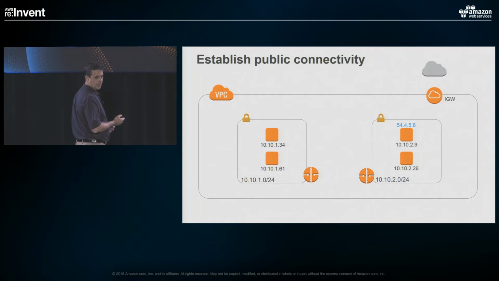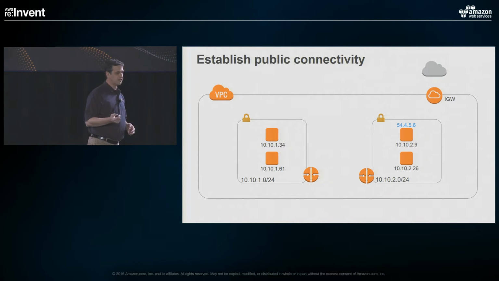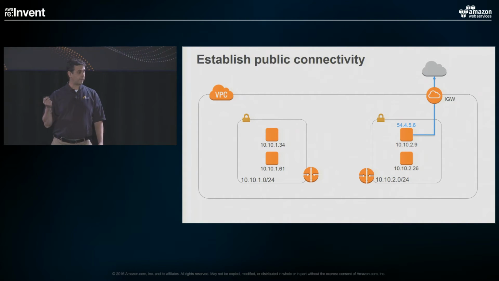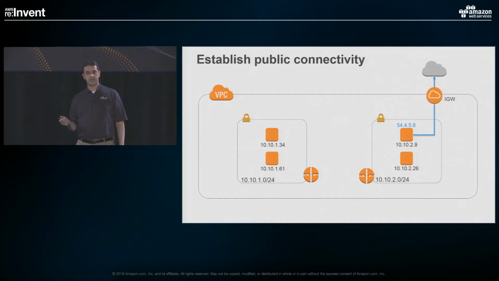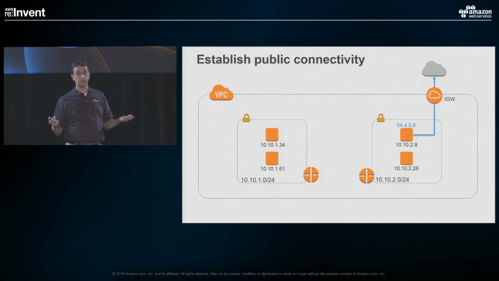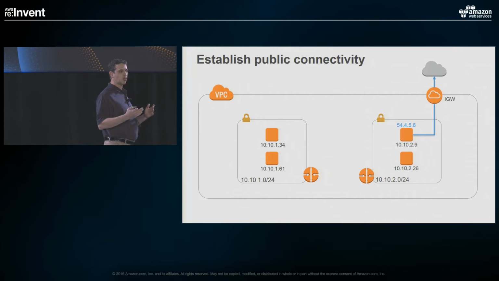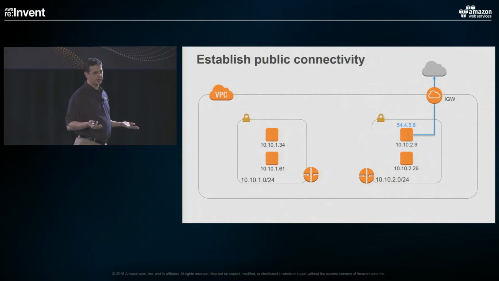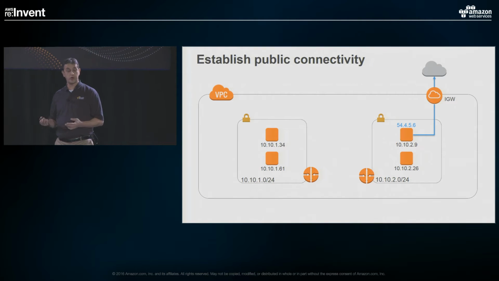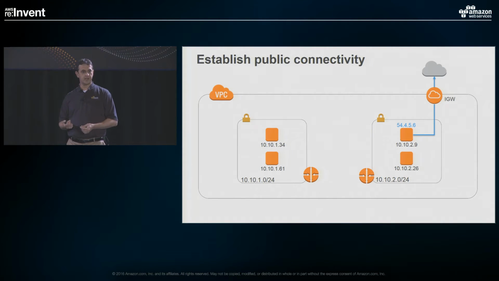In this example, 54.4.5.6. So if you have that EIP and that IGW in a particular subnet, that's what you often hear the name public subnet. That's what makes a public subnet: you have an IGW in the routing table, and you have an elastic IP address assigned to one or more instances in that subnet.